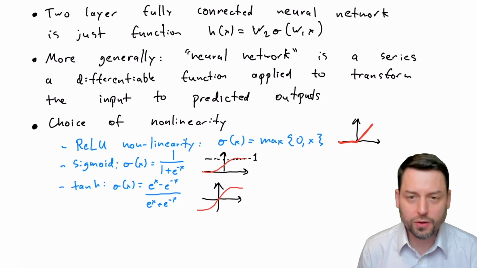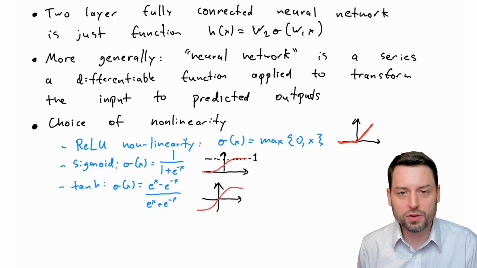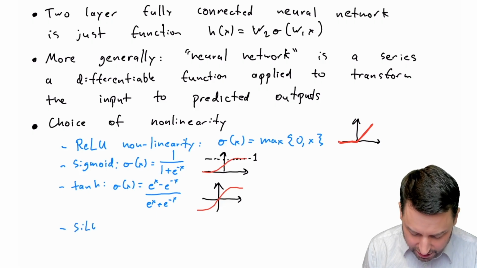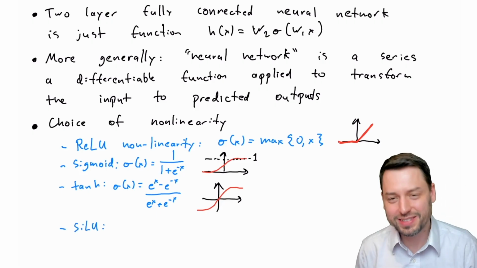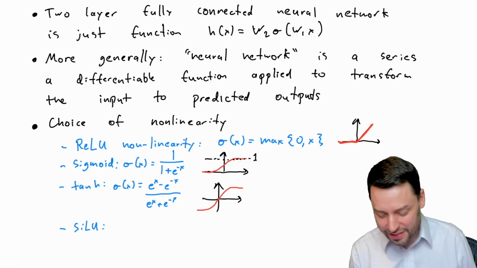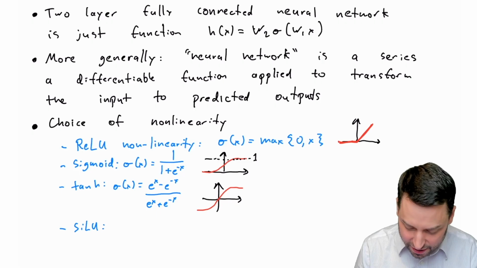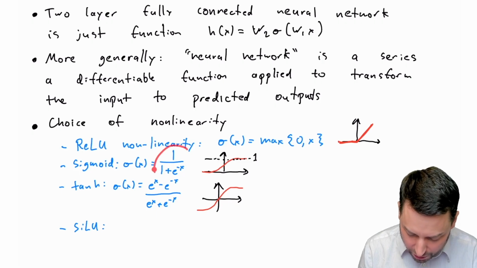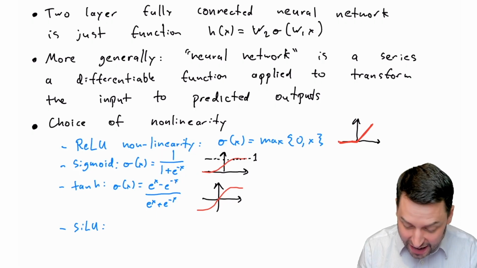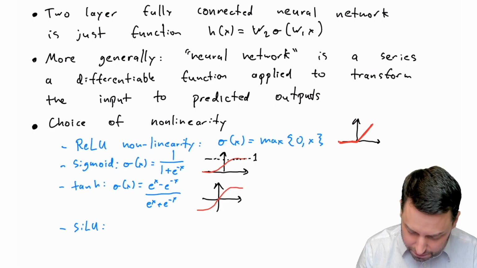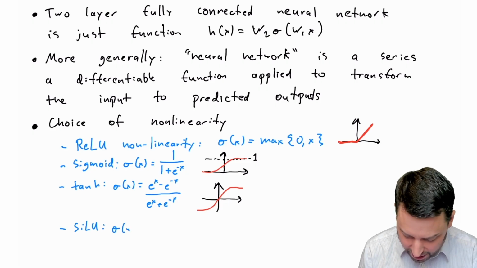And then people use other ones too. One thing people use frequently is something called a SiLU function, the sigmoid linear unit. Not at all a linear function. It's a very confusing name. But it's basically the product of the sigmoid nonlinearity and x. So this is going to equal, in fact, sigma of x equals x over 1 plus e to the negative x.